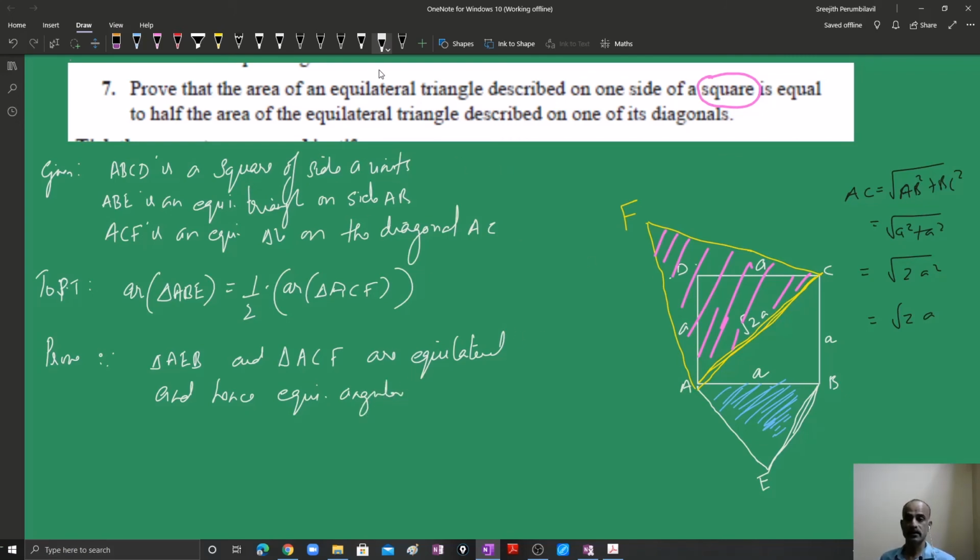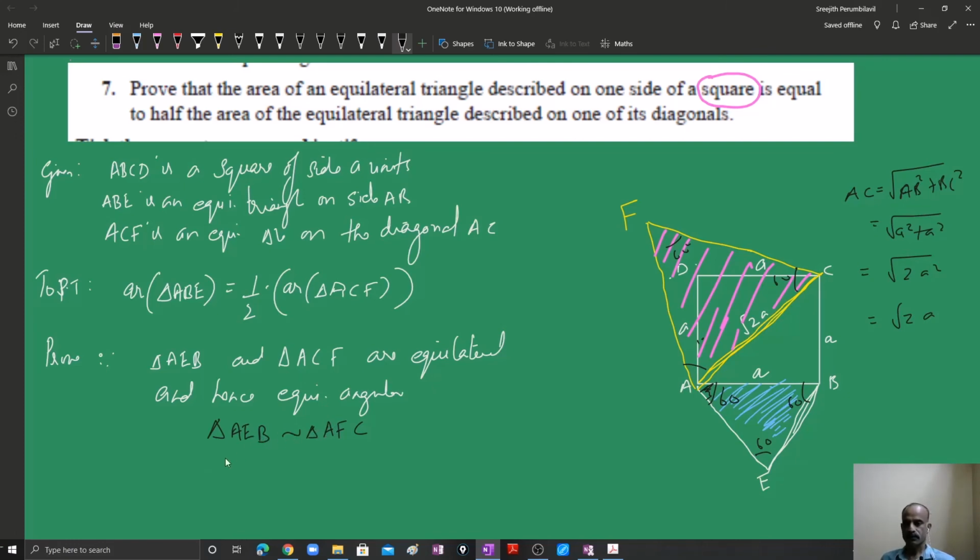Equiangular means all angles are equal. In an equilateral triangle, each angle is equal to 60, this also 60, all of them 60. So triangle AEB is similar to triangle AFC, or ACF, any order, because all angles are equal.